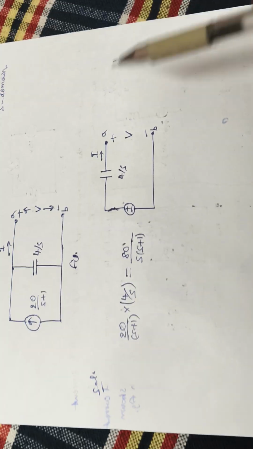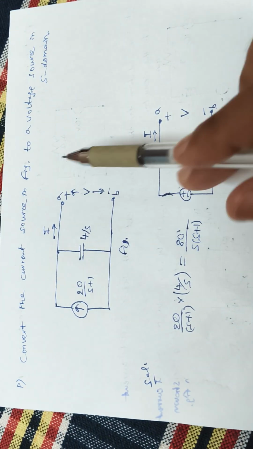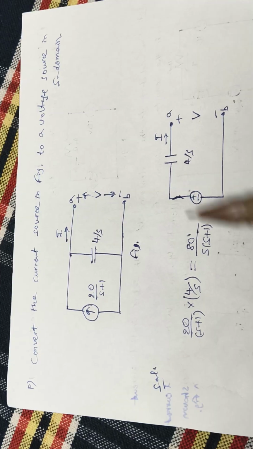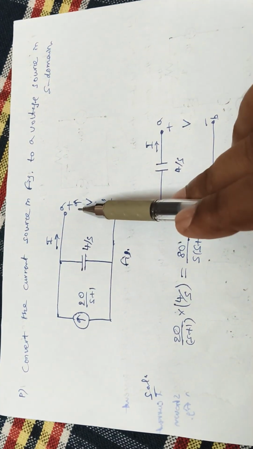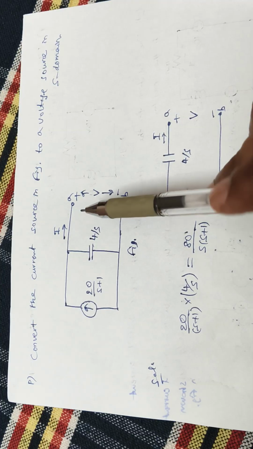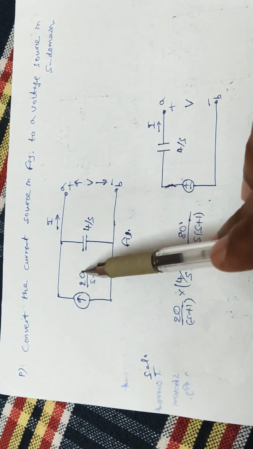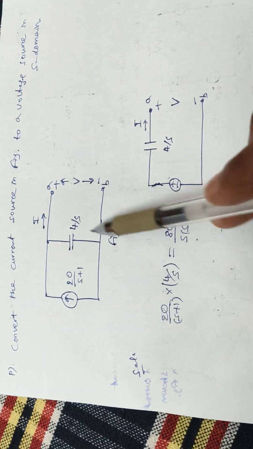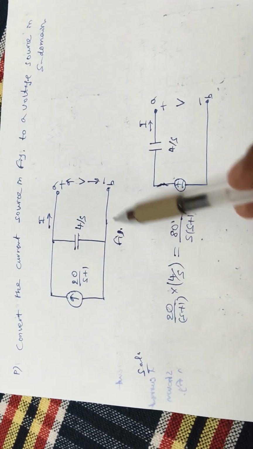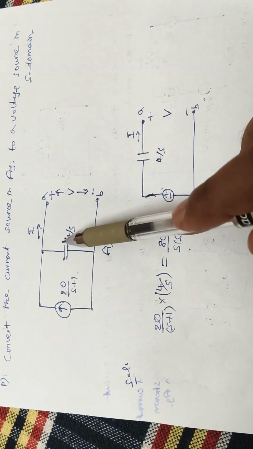And one more simple problem: convert the current source to a voltage source. All time domain circuit analysis can be converted into the S domain by applying the Laplace transform. Convert the current source in the figure to a voltage source in the S domain. This is your S domain circuit. They have given 20 by S plus 1 as the current source, with 4 by S as the parallel impedance.